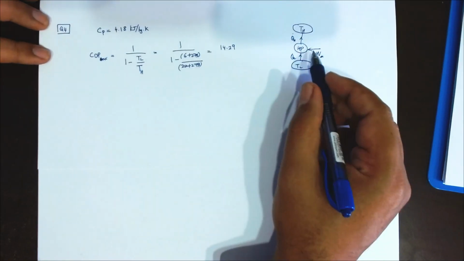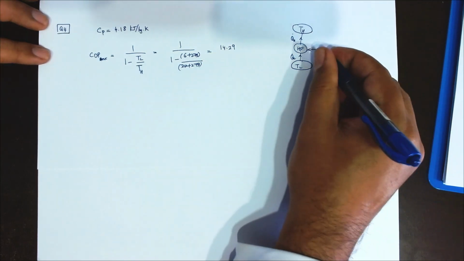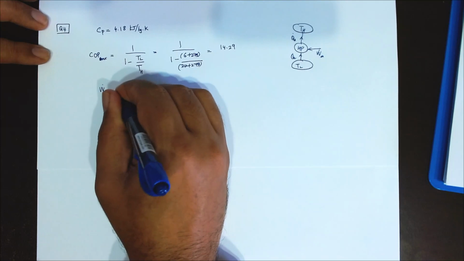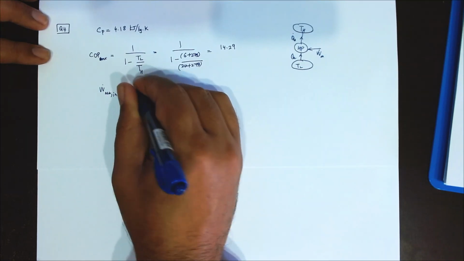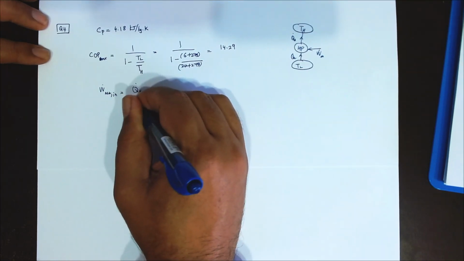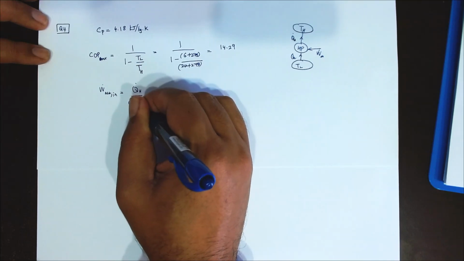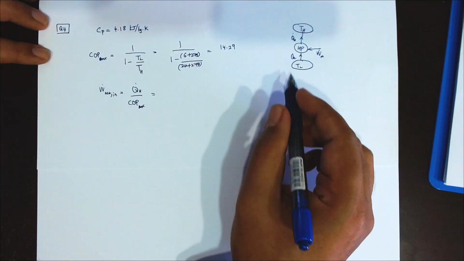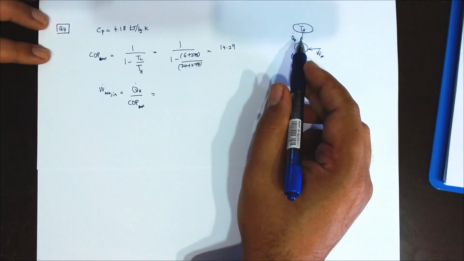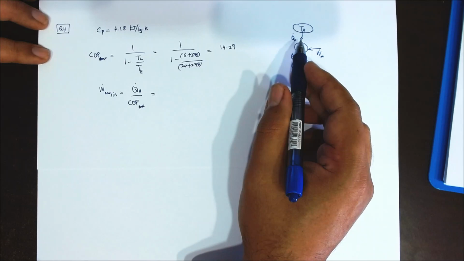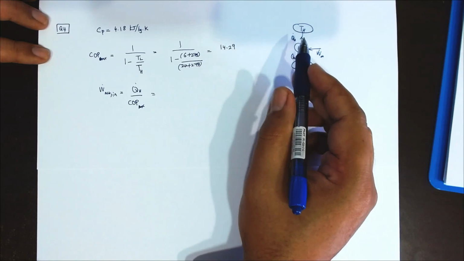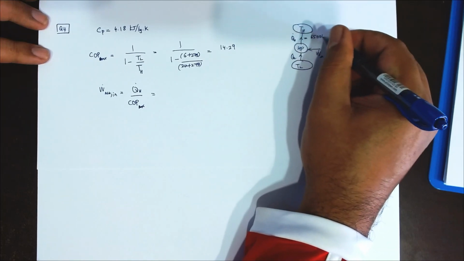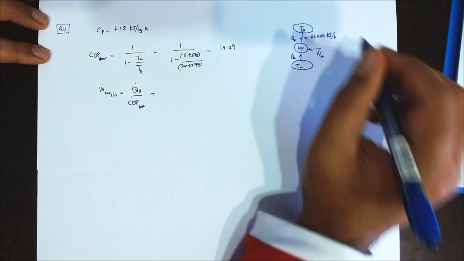So the minimum power input, W dot net in, is equivalent to QH dot over COP maximum. QH is given by the question, 65,000 kilojoule per hour.